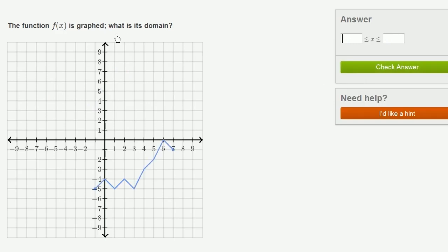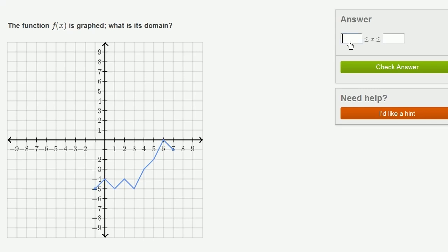The function f of x is graphed. What is its domain? Well, an exact similar argument. This function is not defined for x is -9, -8, all the way up to -1. At -1, it starts getting defined. f of -1 is -5.